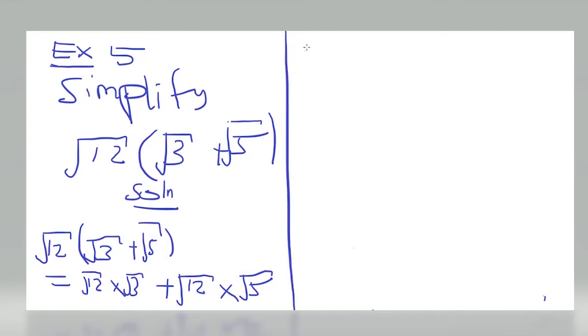As I told you before, here's the law: if you are given √A times √B, this is equal to √(A times B). Now I'm going to apply it there.